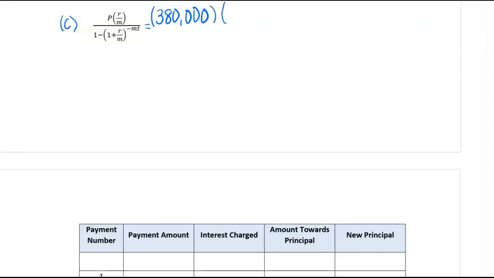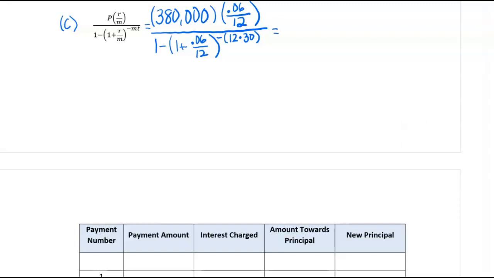We need to multiply that by a rate of 6% converted to decimal form. She has monthly payments, so M is 12. There are 12 payments in a year. For the denominator, we have 1 minus the quantity 1 plus 0.06 divided by 12, all raised to the negative 12 times 30 power. Here, time is 30 years. Again, M is 12 for monthly payments.